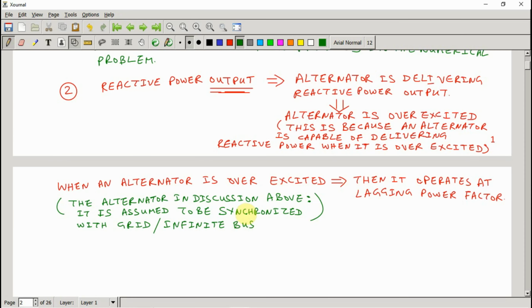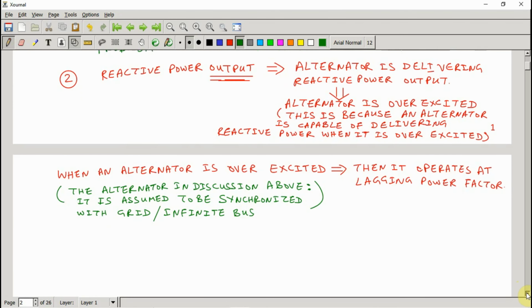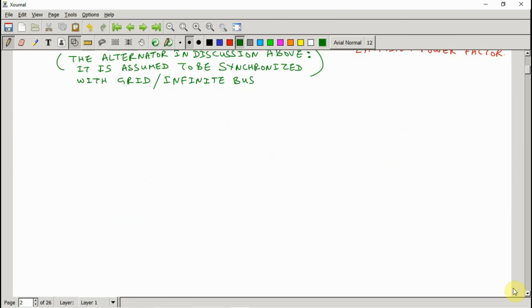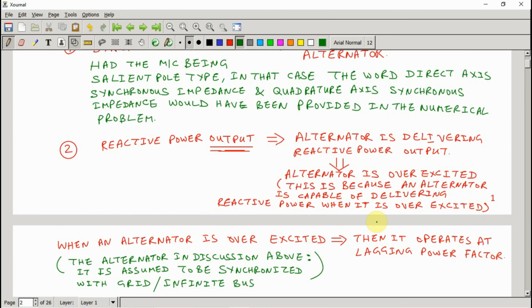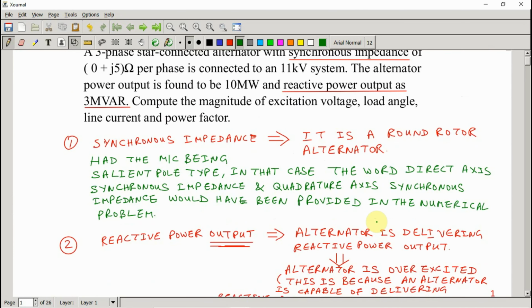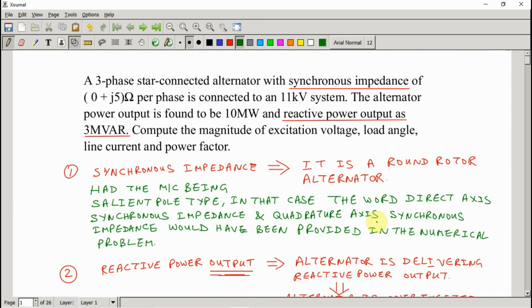Now, let us solve the problem. From the problem statement, it can be extracted, number one, that it is a round rotor or cylindrical rotor alternator because the synchronous impedance is given, and number two, that it is delivering reactive power output.